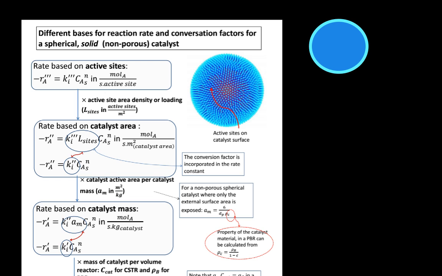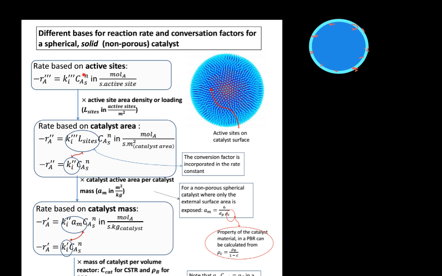And if we have just a solid catalyst, those sites are only available on the external catalyst surface. So this rate, which we denote with the triple dash, is the rate per active site. It says how fast my reaction can take place based on the amount of active sites that is available on my catalyst surface.